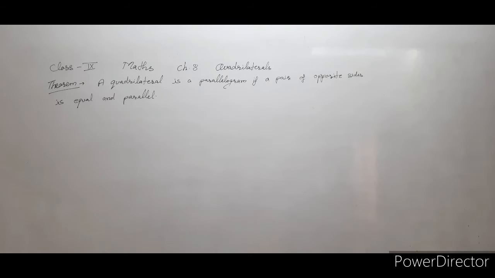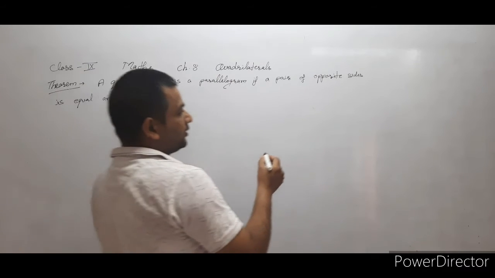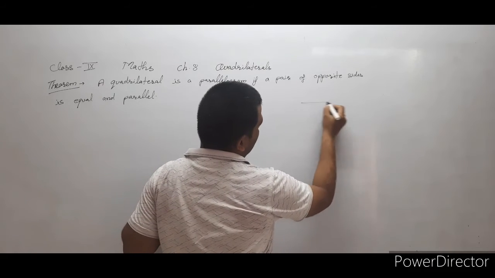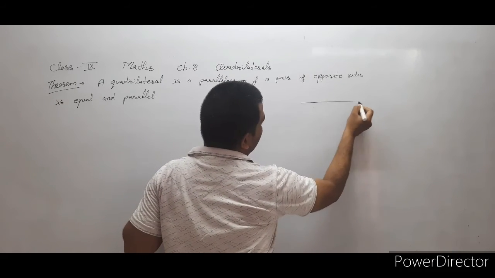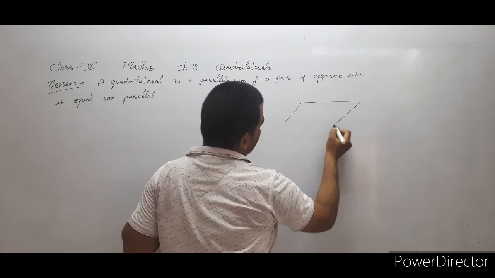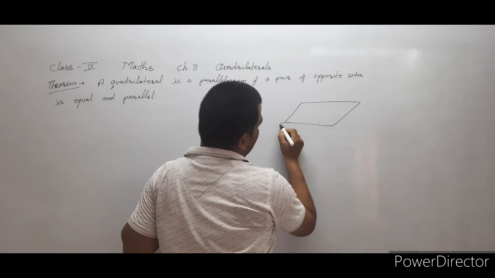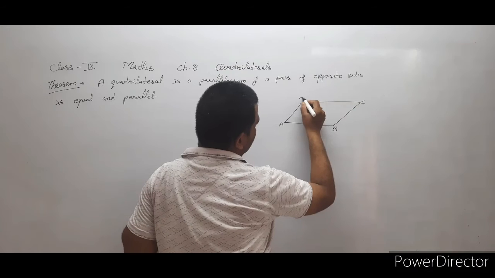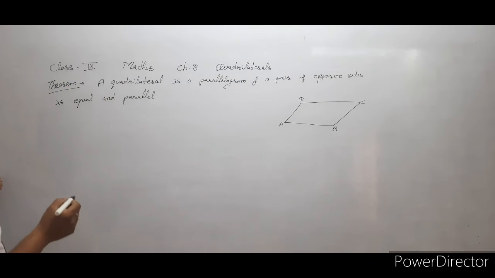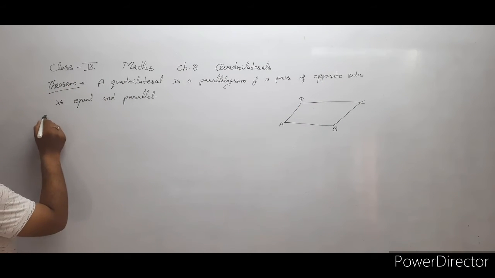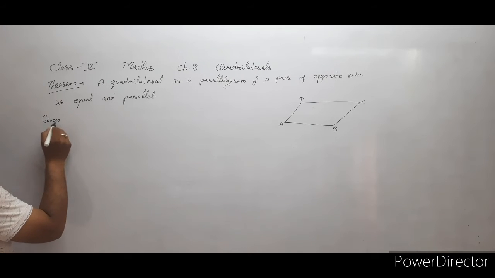So, as we know that in a quadrilateral, if a pair of opposite sides are equal and parallel, then this quadrilateral is a parallelogram. Now, we will prove it by theorem. So, let's draw a quadrilateral. Let ABCD be a quadrilateral, and it's given that a pair of opposite sides are equal and parallel.